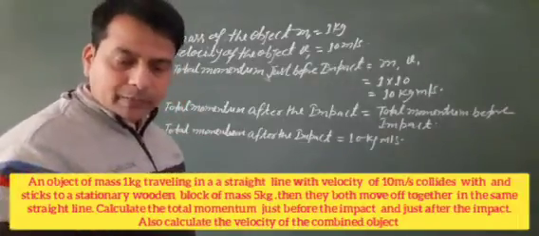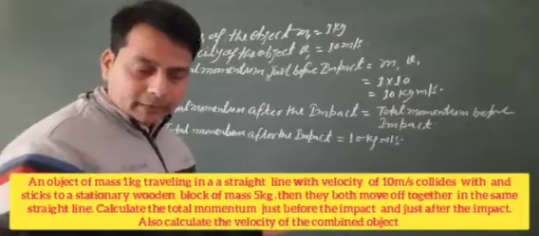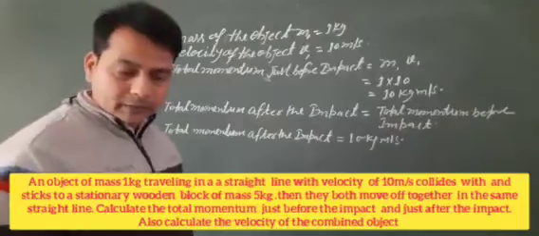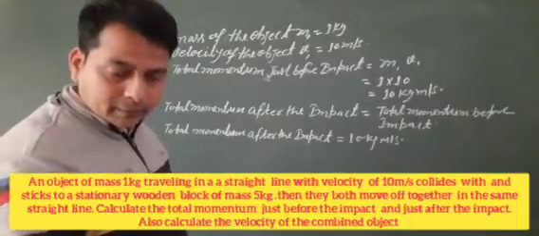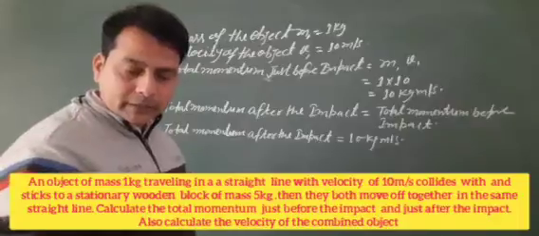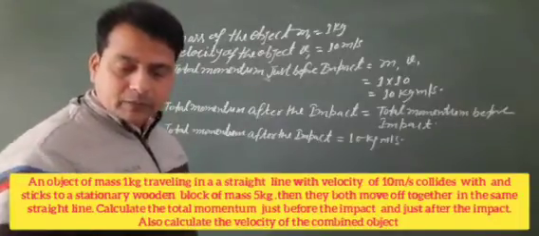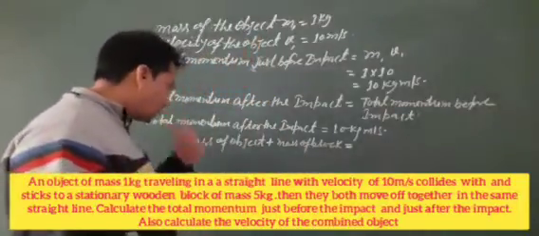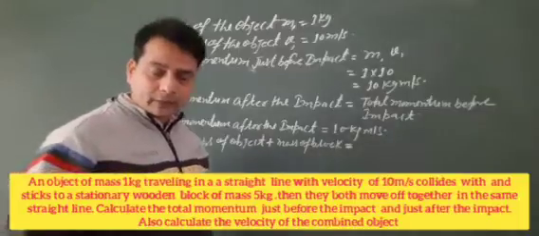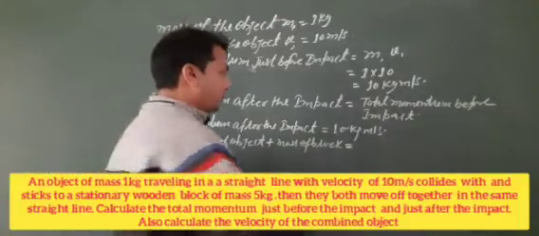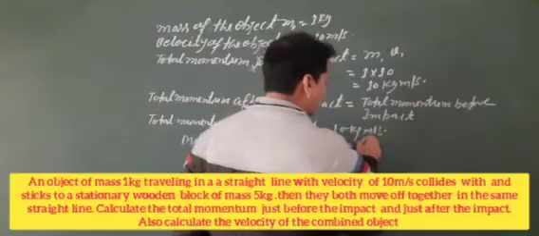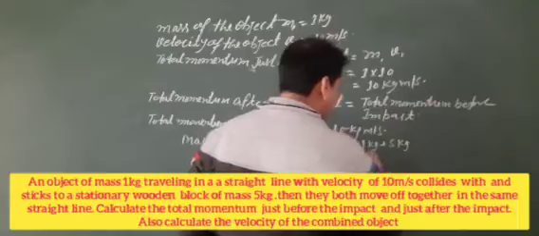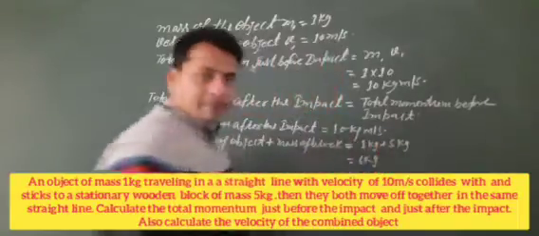Calculate the total momentum just before the impact and just after the impact. Also calculate the velocity of the combined object. Here the mass of the object is given as 1 kg and the mass of the block is given as 5 kg. Then 1 kg plus 5 kg is 6 kg.